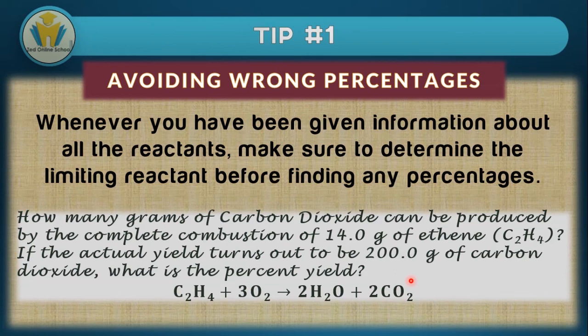In this particular example, you see we haven't been given anything about the oxygen. Therefore, we can simply take it that our ethene is the limiting reactant. We haven't been given any information about oxygen, so there's no way in which we can use the oxygen to find the yield of carbon dioxide.